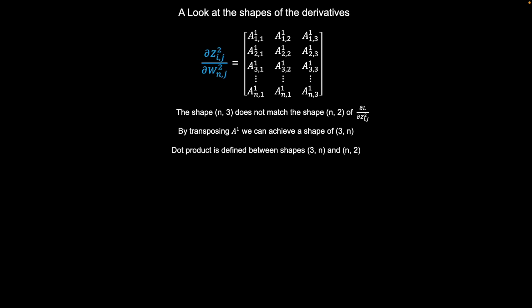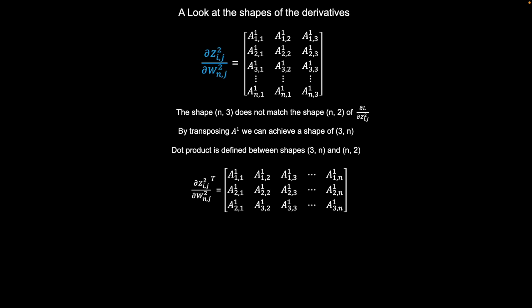Therefore, in order to multiply this with the previous two derivatives, we have to transpose it, achieving a shape of 3 by n. A transposition essentially means switching around the rows and columns. The dot product is defined between a matrix with shape 3 by n and n by 2. This is because the inner dimensions must be the same in order for multiplication to be defined between two matrices.